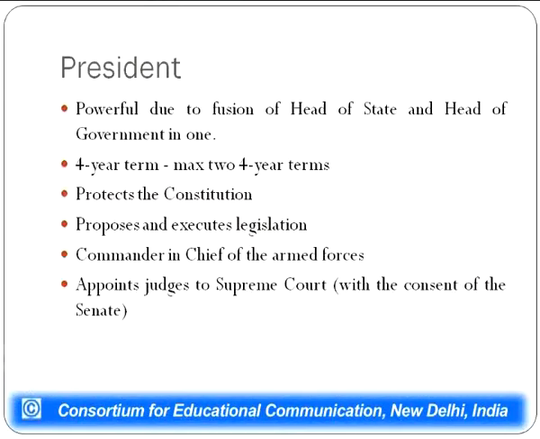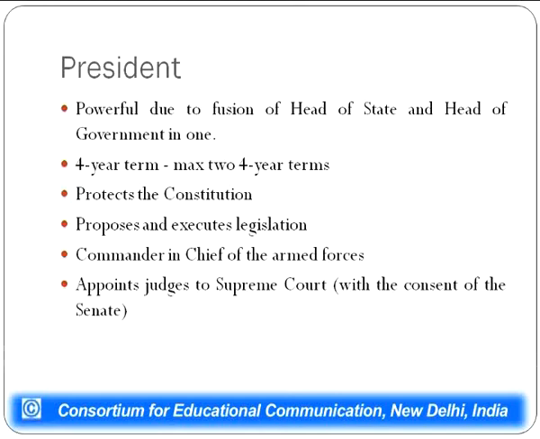Now, if you look at the most powerful person in the entire world, we can single-handedly point out that the US president is the most powerful person. And why is he so powerful? Because he commands a king-size country, he commands a king-size economy, and then he has two posts fused in one, that is, there is fusion of head of the state and head of government in one position.